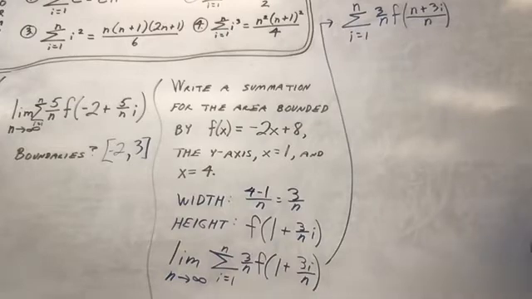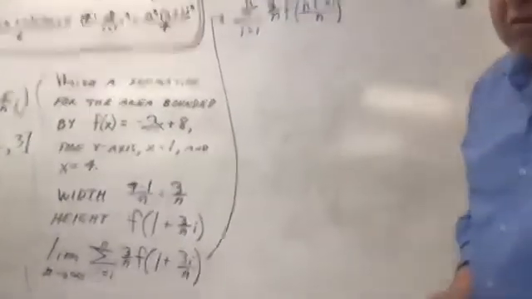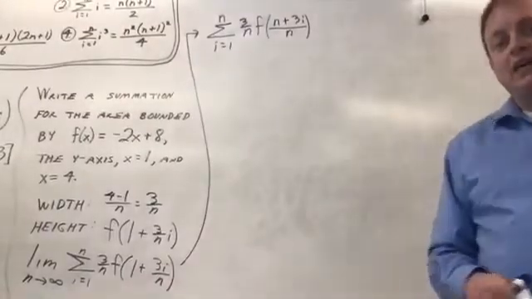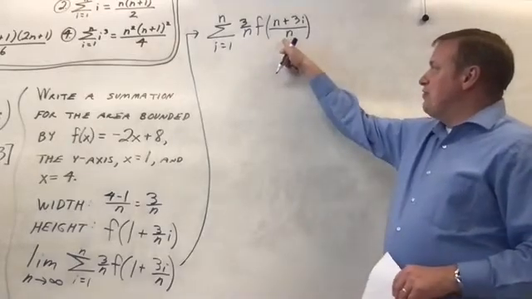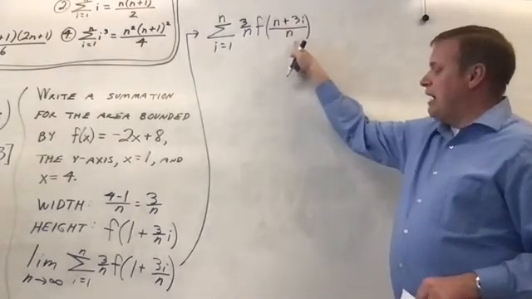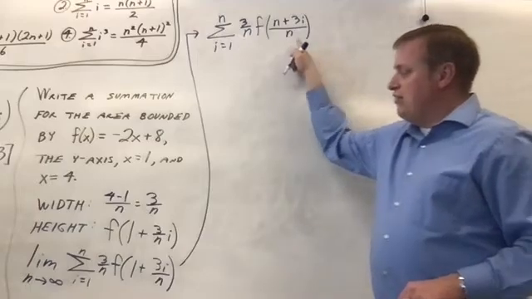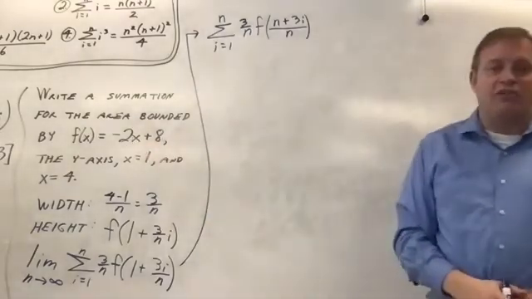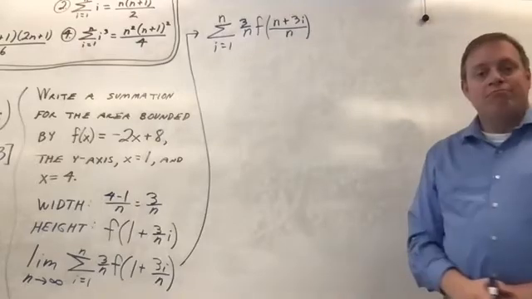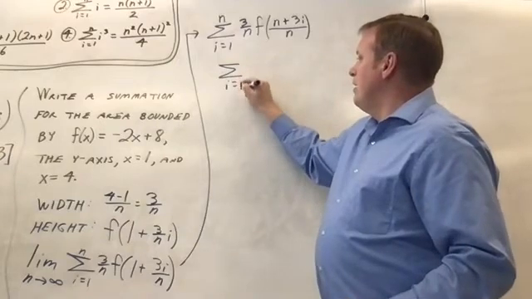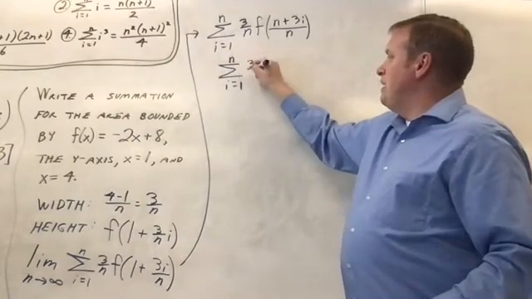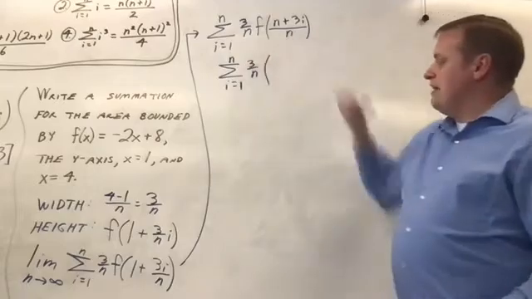Now, there are lots of different things that we can do to simplify and make this look a little bit nicer, with the goal being to find the area. What I do need to do at some point is put n plus 3i over n into the function negative 2x plus 8. So no time like the present. Let's do that. i equals 1 to n of 3 over n, and then here I go.